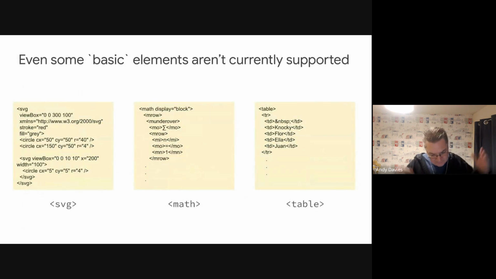And I've talked about components that are quite complicated, and then I've got some simple examples that are anything but simple in reality. But even being able to measure things like when an SVG renders, when some MathML renders, or when a table renders would really help move some things forward.